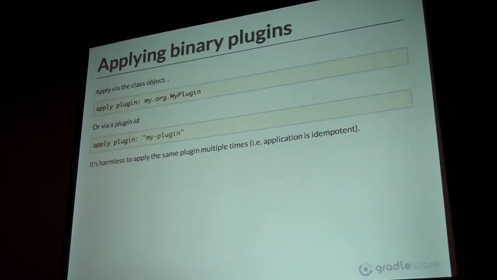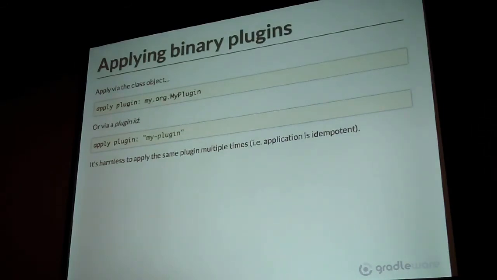Now the question is, eventually Gradle has to find a class, because binary plugins are always implemented as a class. So it has to have a way to map this name to a class. And how does it do it? The plugin has to ship a descriptor. There's a special properties file that you can put in your plugin jar, where you say, my name is this and my implementation class is this.